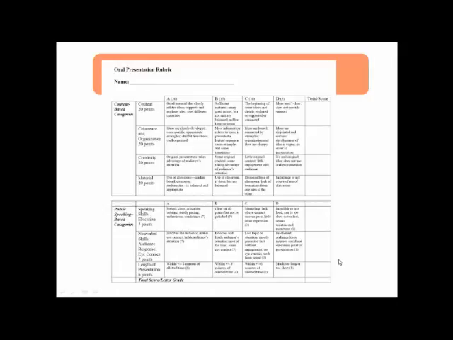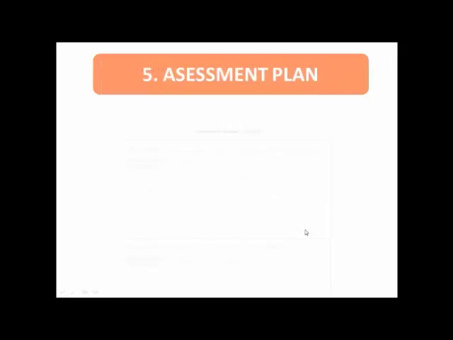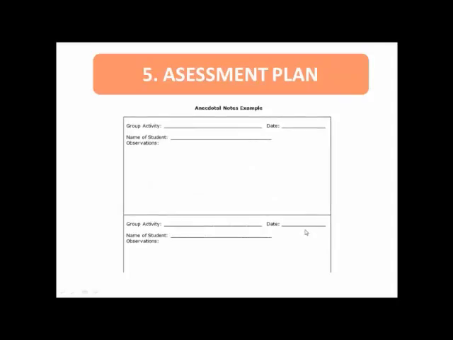This is my oral presentation rubric with the criteria here to assess the students' work. Okay, so these materials help students to self-assess, monitor their work, and develop their own plans to keep track of their project in order to fulfill all the requirements.